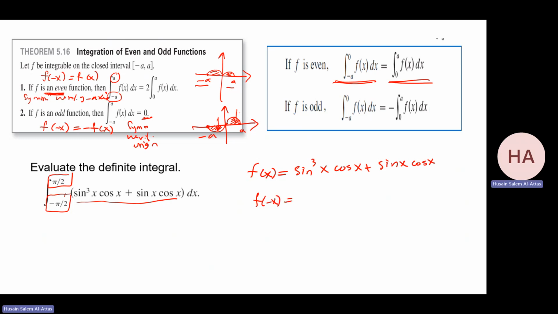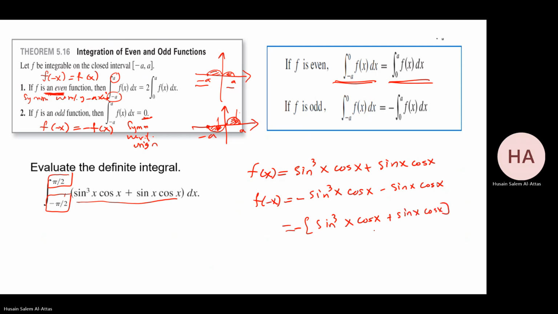Sine of minus x is minus sine x, so I have minus sine cubed, but the power is odd. Cosine of minus x is cosine x. So this is minus sine x cosine x. So I can take minus as a common factor, and the remaining is f of x.